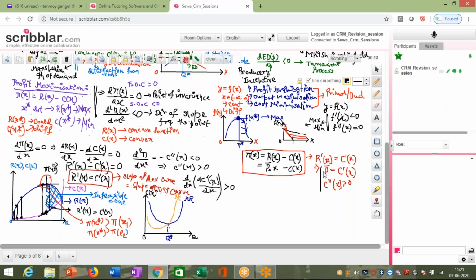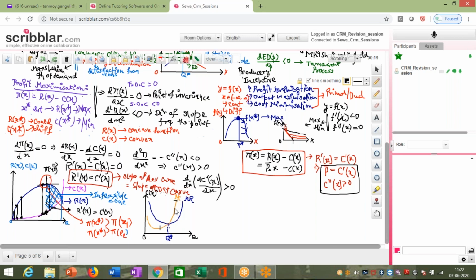Now observe that there are a few other things which also need to be considered. This is the basic profit maximization criteria. But now the point is, let's say the marginal cost curve is increasing in this entire domain.